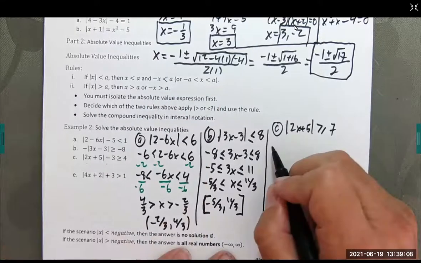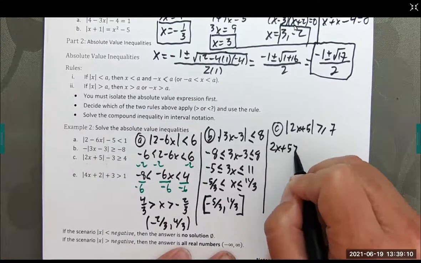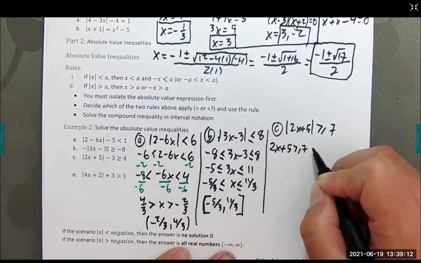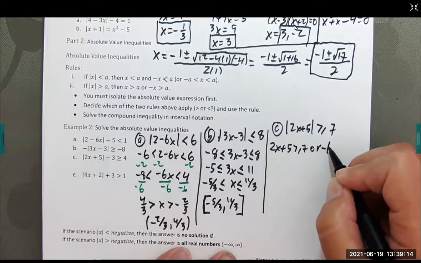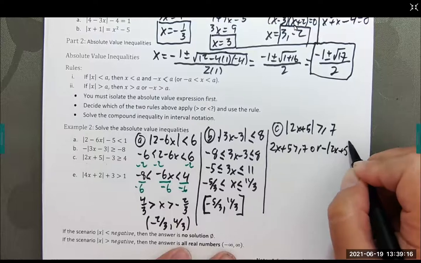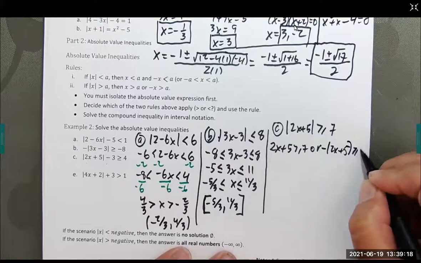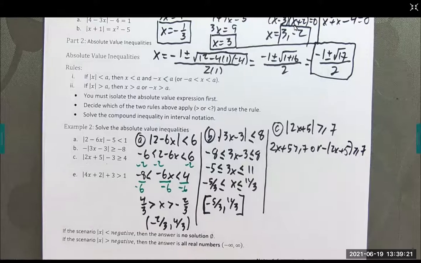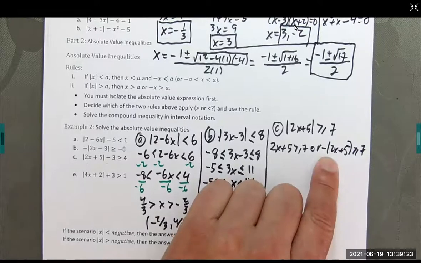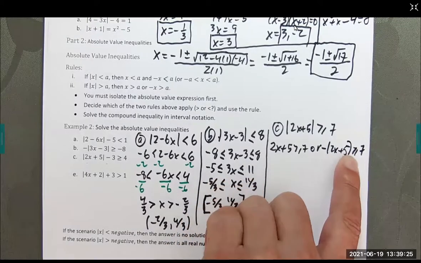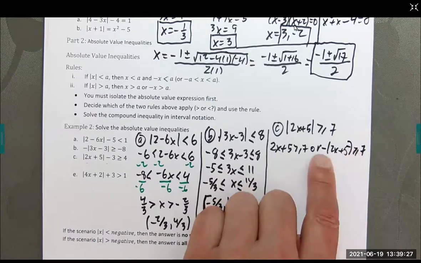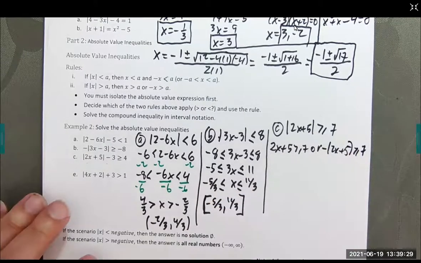So this becomes 2x plus 5 bigger than or equal to 7, or -2x plus 5 is bigger than or equal to 7. It's not always taught this way. They often just say rewrite it, switch that, and switch the sign. But that's because we're dividing by the -1. So I'm kind of showing you where that comes from.